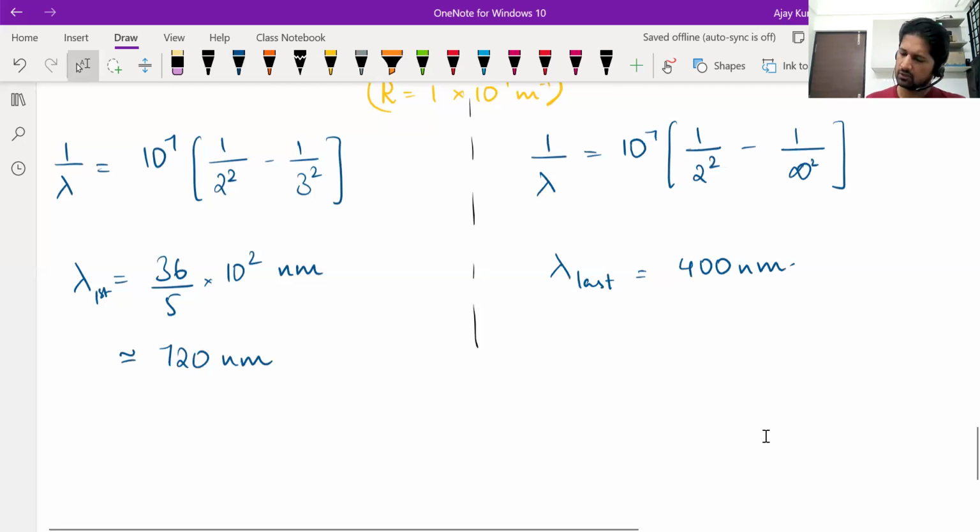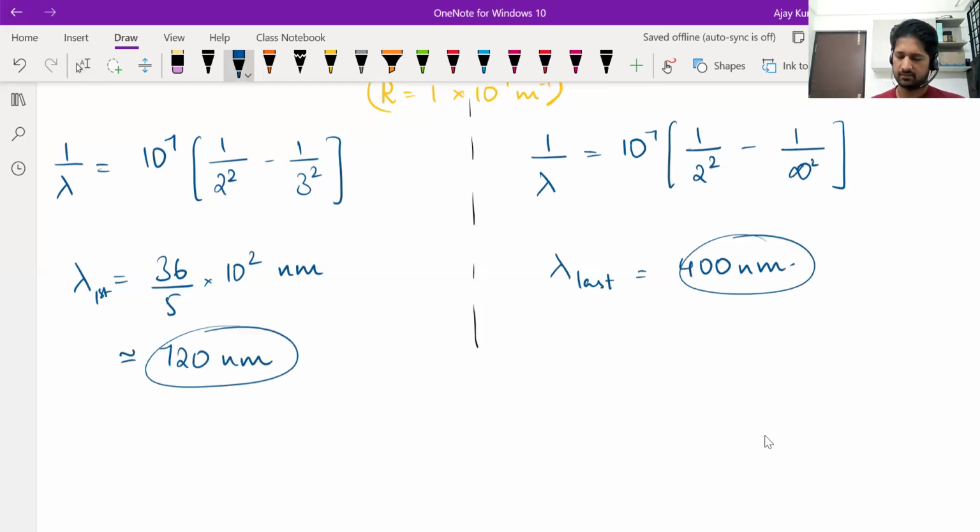Now see, 400 nanometers, 720 nanometers, all this is in the visible range. So remember, the entire Balmer series of hydrogen atom falls in the visible range of the electromagnetic spectrum. Lyman series is in UV range, Balmer series is in visible range.